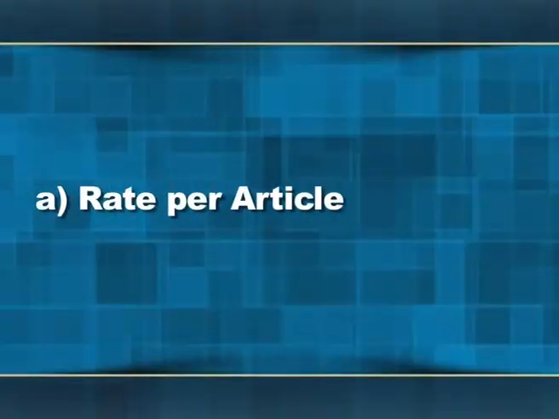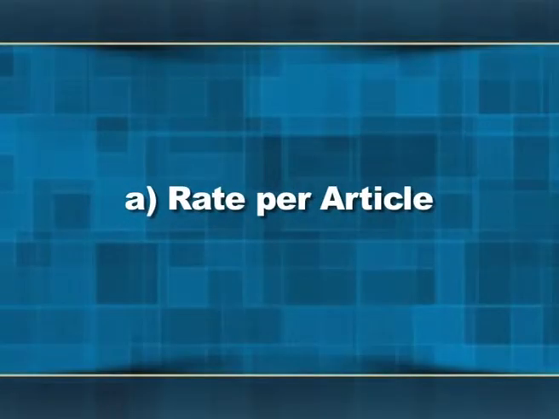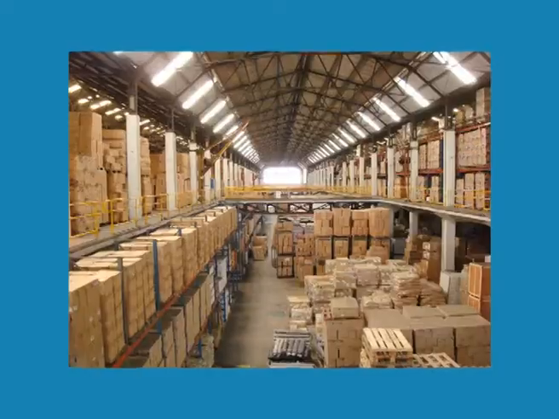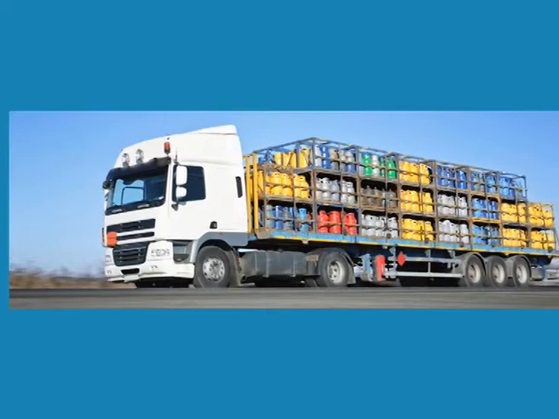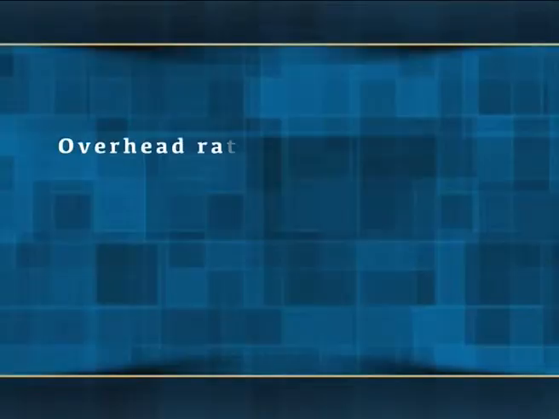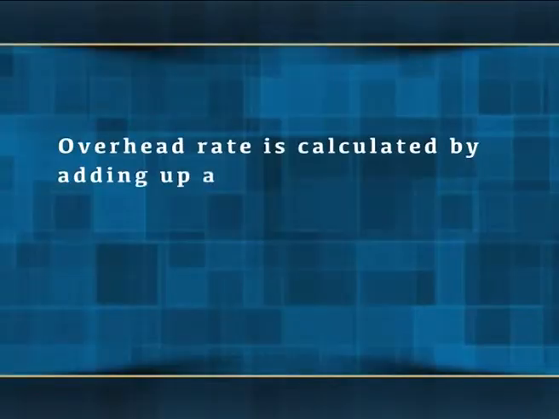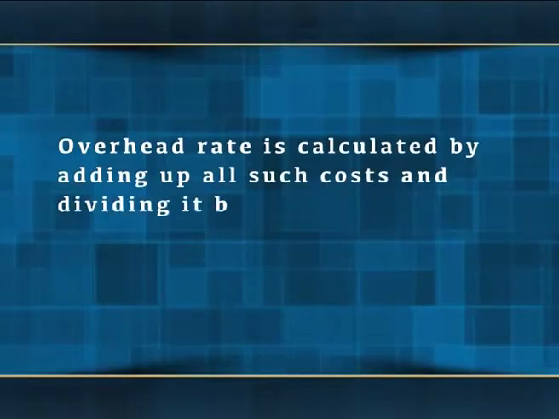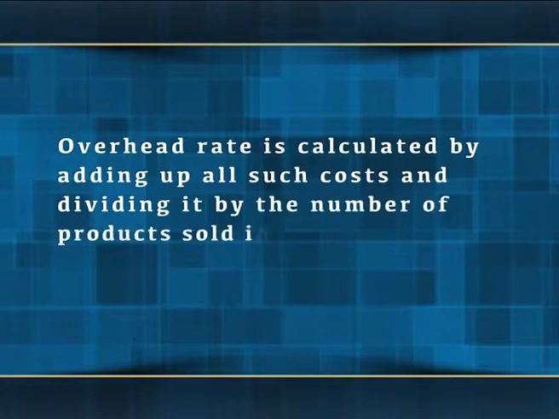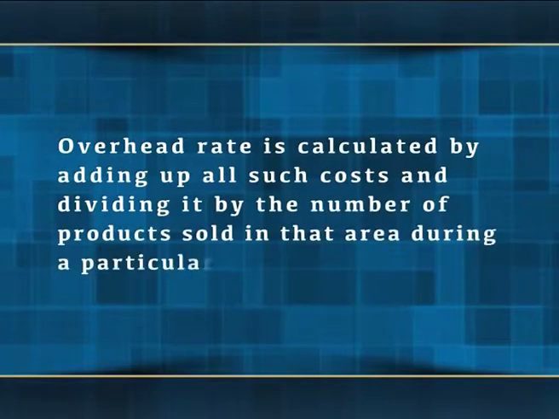The methods of absorbing selling and distribution overheads are: number A, rate per article. This method is used for apportionment of costs of warehousing, transportation and advertisement. Overhead rate is calculated by adding up all such costs and then dividing it by the number of products sold in that area during a particular period of time.